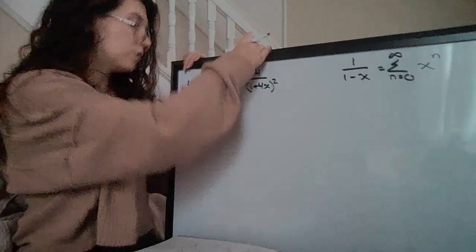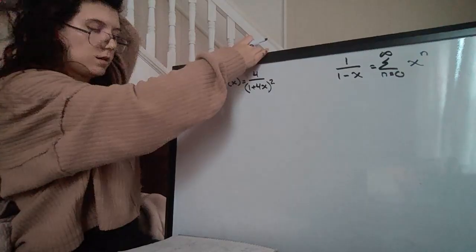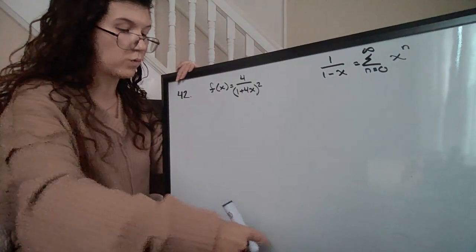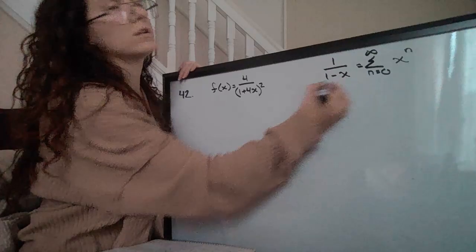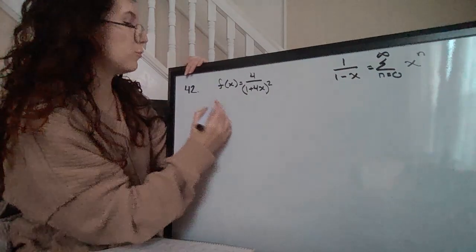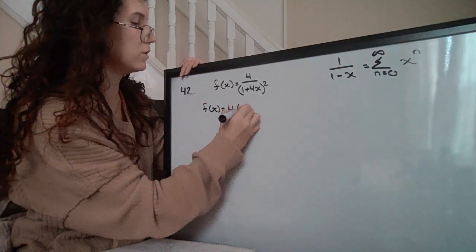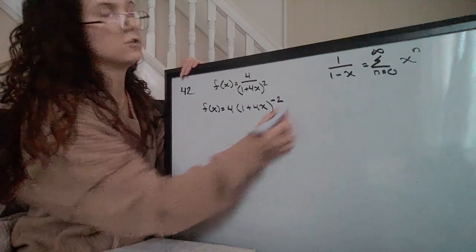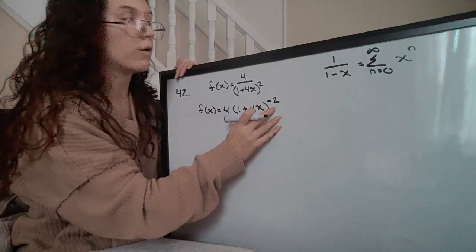So what we need to do is integrate this guy. That is the best way for us to get this to look like this. If we rewrite this function, this will be 4 times 1 plus 4x to the negative 2. Whenever we integrate, we add 1 to our power.